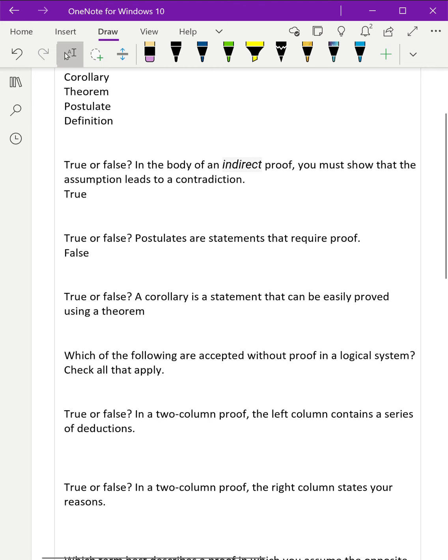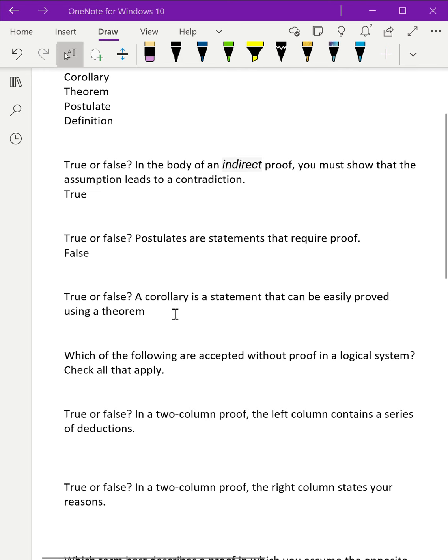Okay? Number 4 here. Corollaries. Corollaries are statements that can be easily proven using a theorem. That's true. So basically, a corollary is an attachment to a theorem. You know vertical angles are congruent. What would be attached to that?